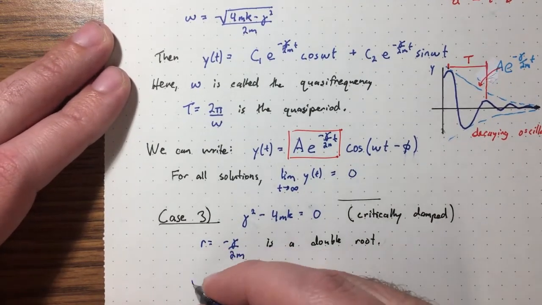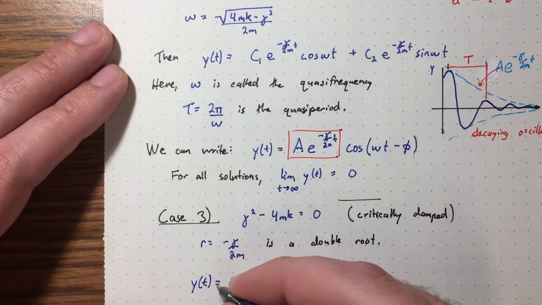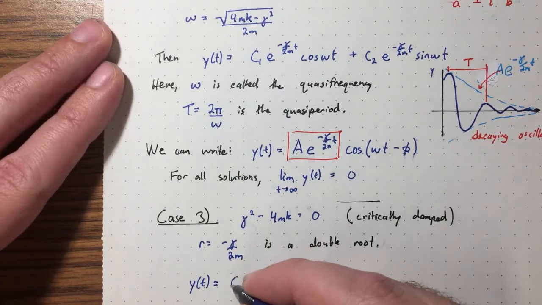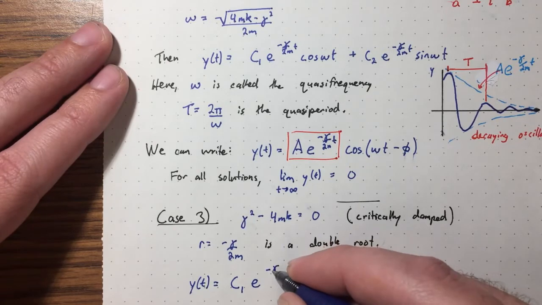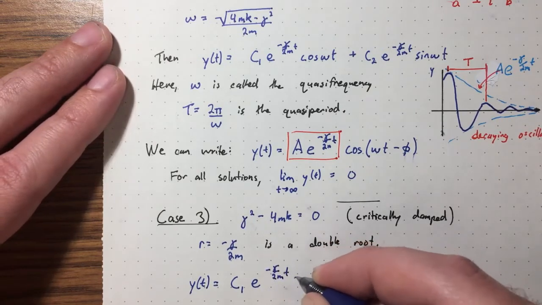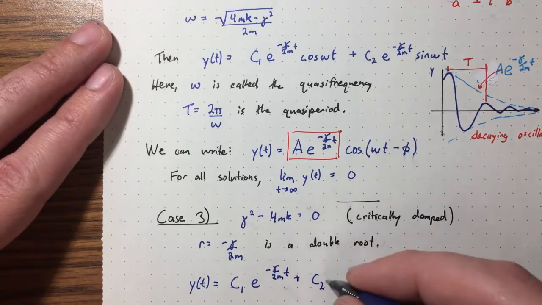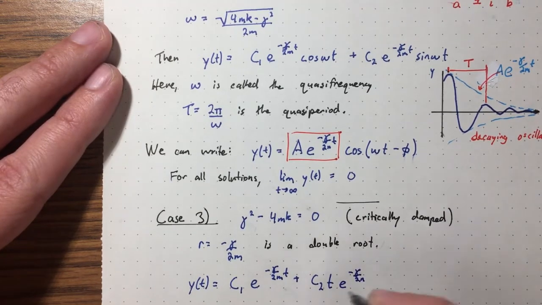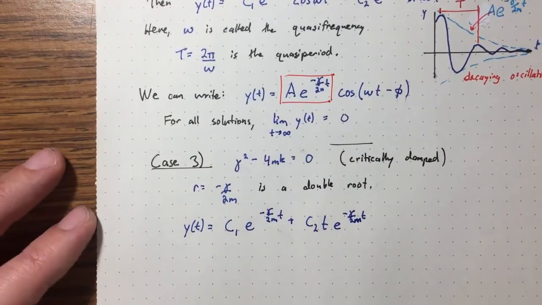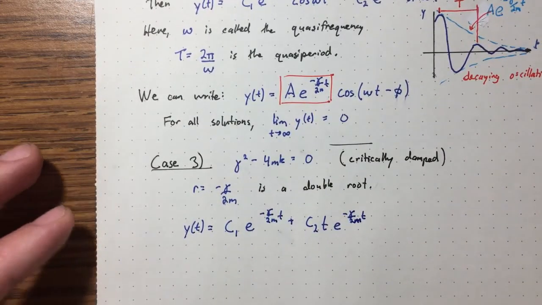And we know what to do for the solution in that case. So we learned in the previous video that the general solution will look like C1 e to the rt plus C2 t e to the rt, the same r, negative gamma over 2m. Okay, so that's our general solution.